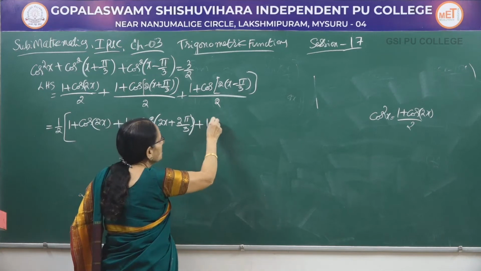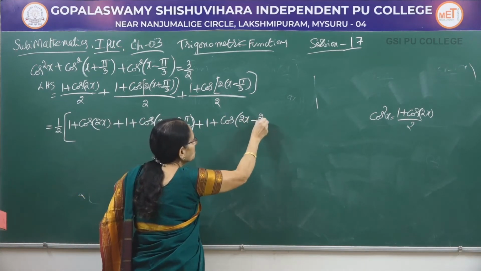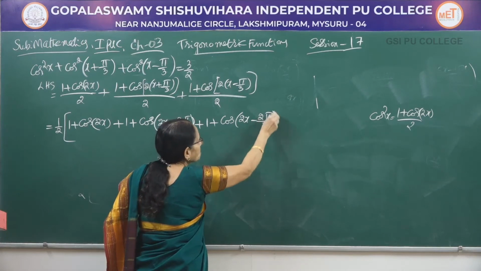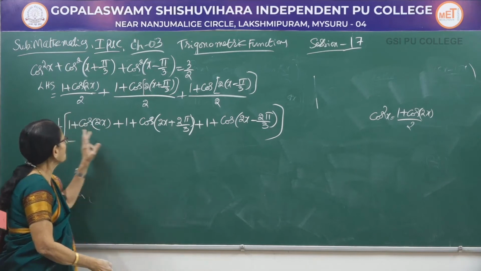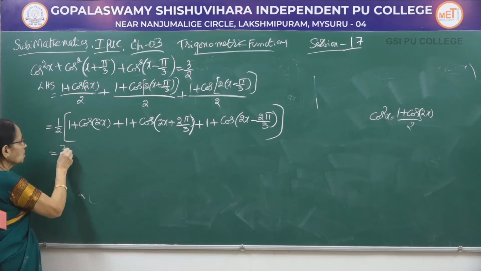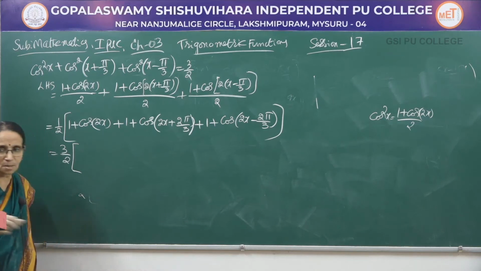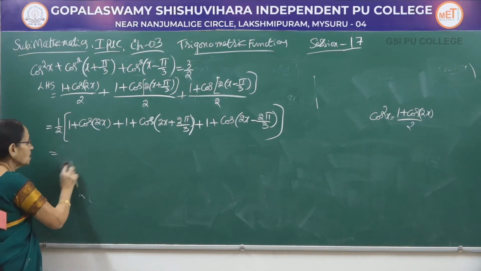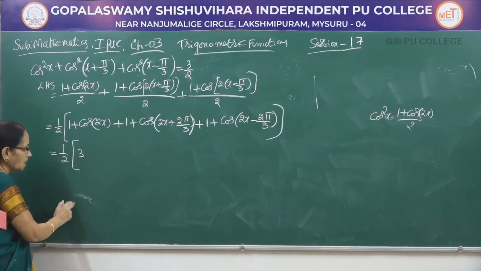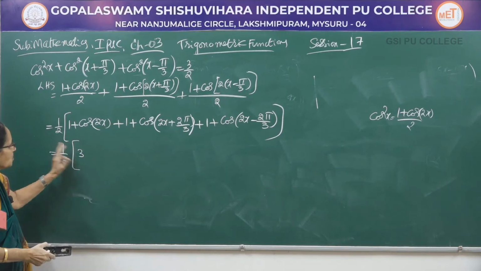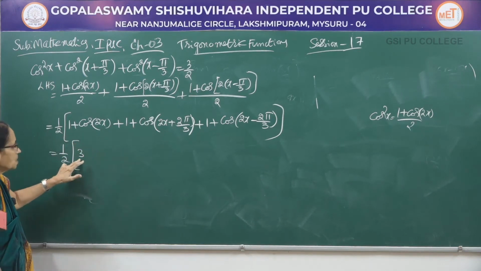Plus 1 plus cos of 2x minus 2 pi by 3. Close the brackets. 1 plus 1 plus 1 would be equal to 3 by 2. The 3 is inside the bracket. Of course, we have to get 3 by 2 only finally. So, first I am adding; afterwards, when multiplied by that number, we get 3 by 2. So, 1 plus 1 plus 1, that is 3.